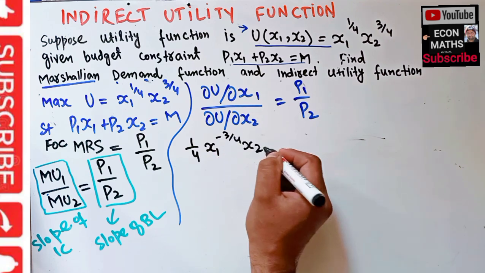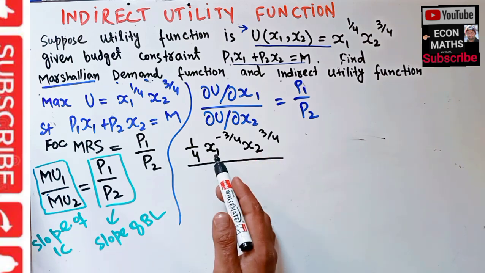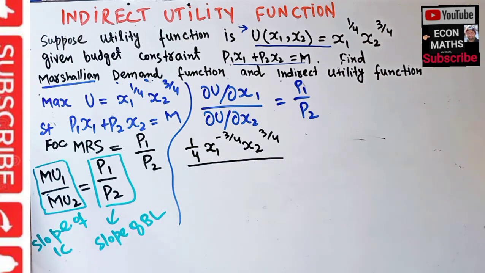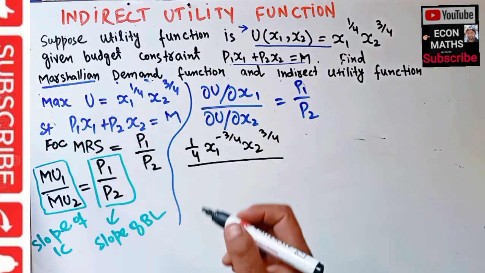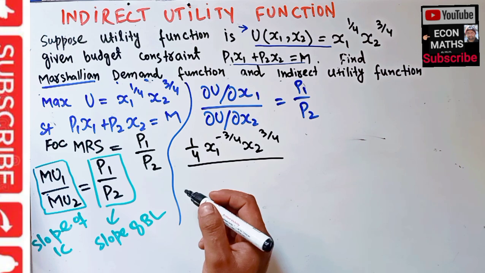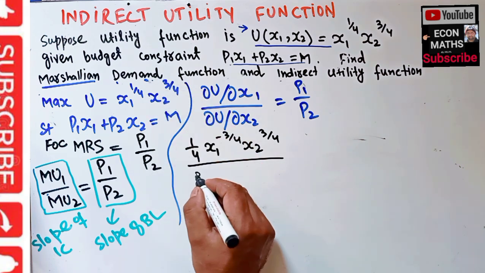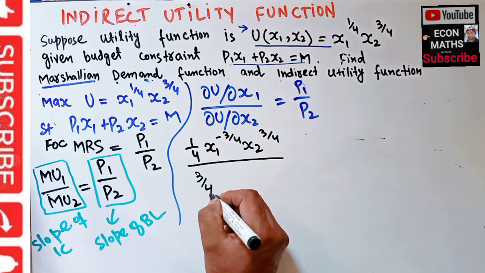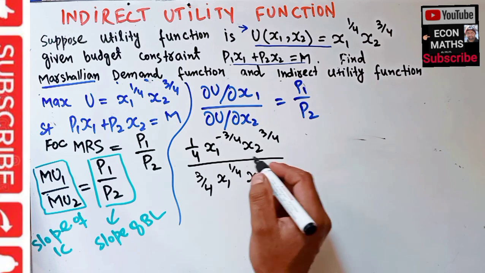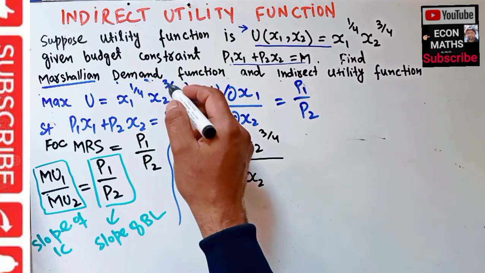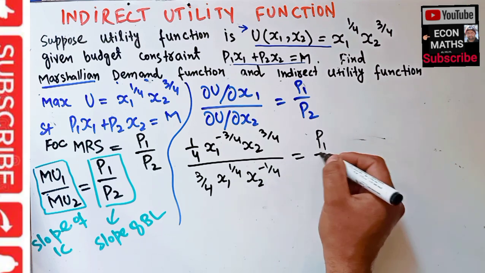Then we have x2 raised to 3 upon 4, because we are differentiating partially with respect to good x1, so x2 will remain the same, divided by du upon dx2. This time we differentiate with respect to good x2, so the exponent of x2 becomes the coefficient, so we have 3 upon 4, x1 will remain the same, 1 upon 4, and x2's exponent is reduced, so 3 upon 4 minus 1 is minus 1 upon 4. It should be equal to the ratio of the prices.